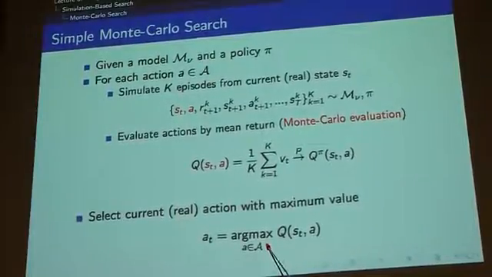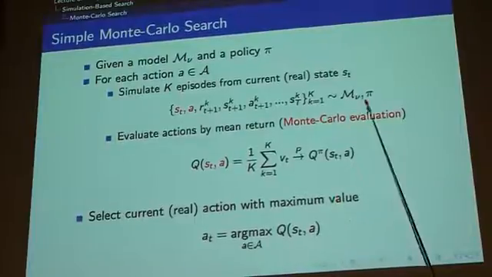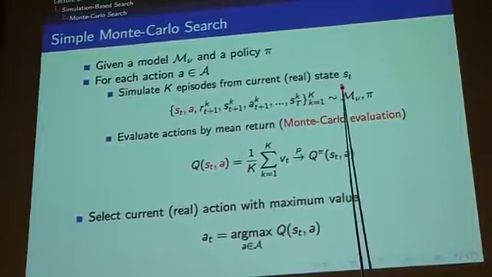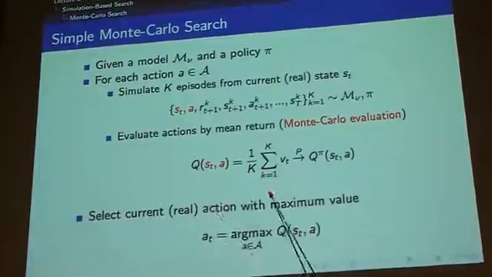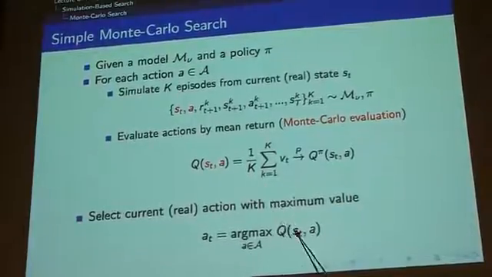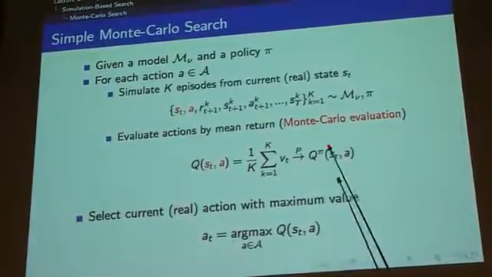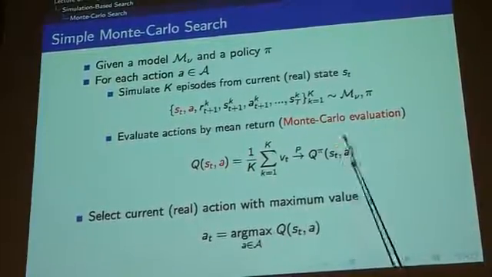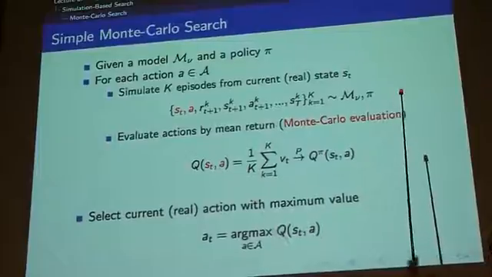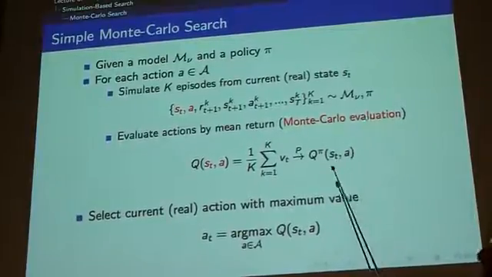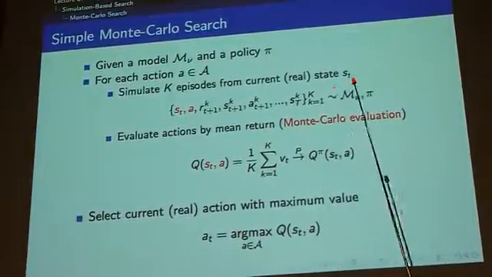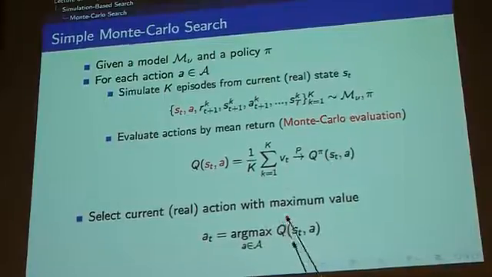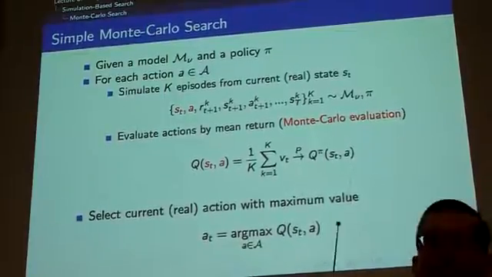We do that action, and then we move on to the next state, and for that next state we run another bunch of simulations, evaluate the mean return of each, and pick a new real action to do. So this is that process of thought. We're simulating again, estimating from our computation what the value of those things is, and then after that process of thought we pick the next real thing to do in the world by just picking one of the highest value.